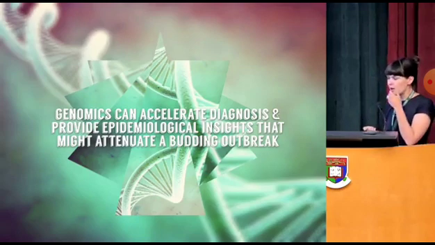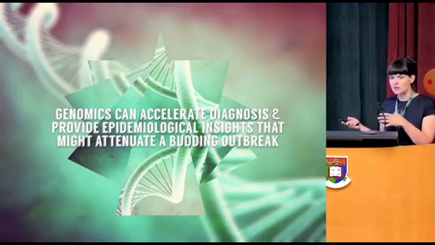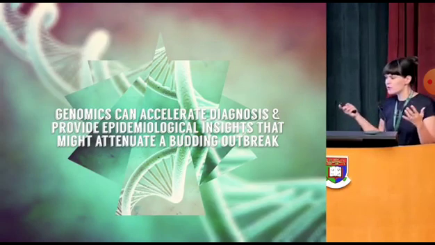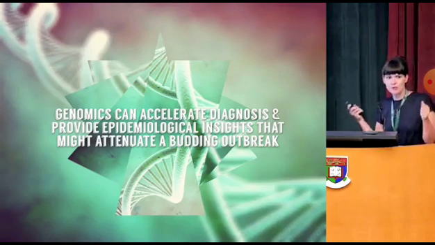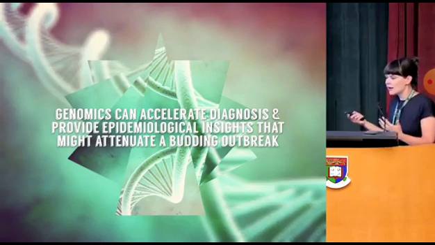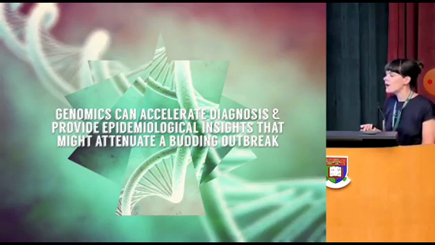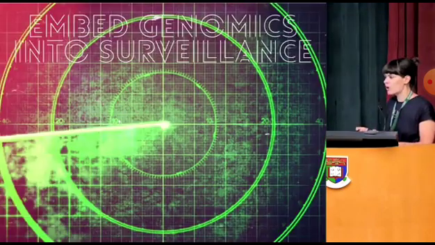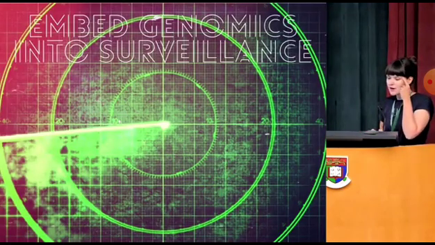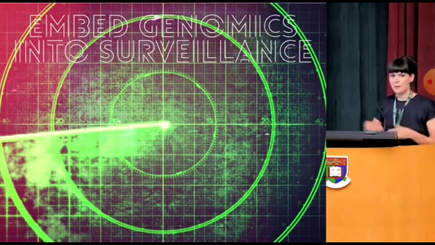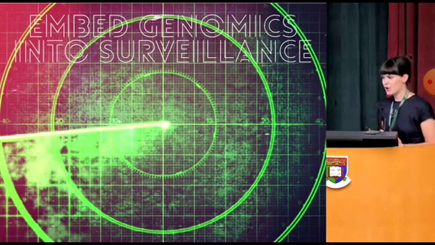Piece number 2 is where digital epidemiology comes in, because it's great, with genomics, we get called by the WHO, for example, to say, hey, we've got a weird outbreak of something, can you come do this? Or I get a call at my desk, we've got some weird TB happening in this community, can you come check it out? But that's really still being reactive. How do we get this to be more proactive? And there, I think there's a case to be made for embedding this sort of genomic epidemiology into routine surveillance efforts.